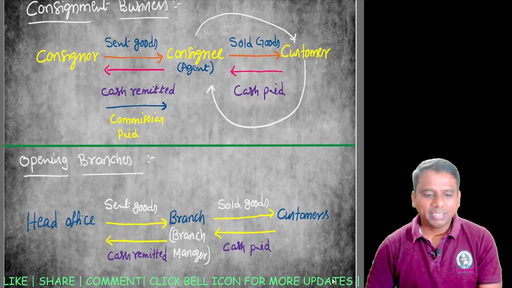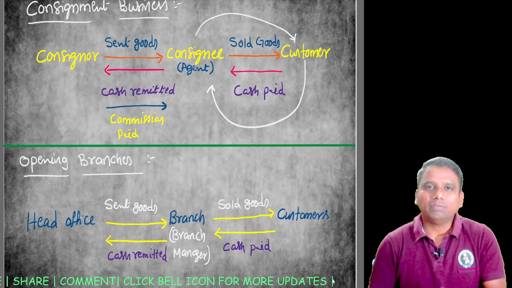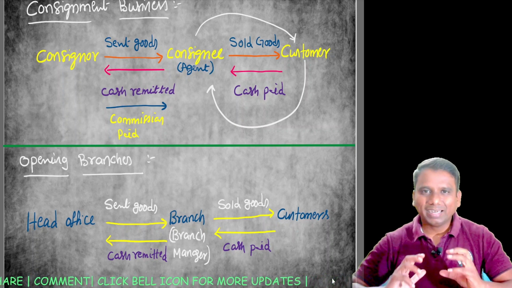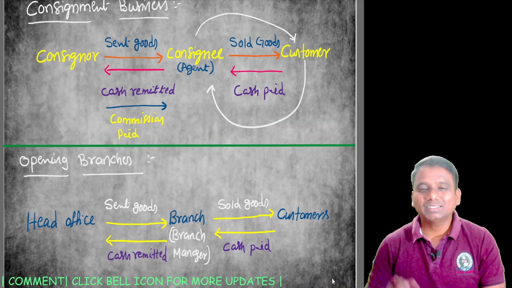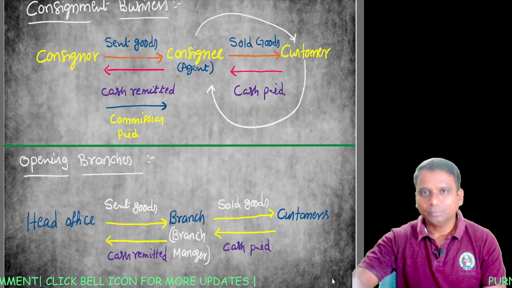Now the next option is opening our branch. Our exclusive branch we are opening, instead of appointing a consignee agent.